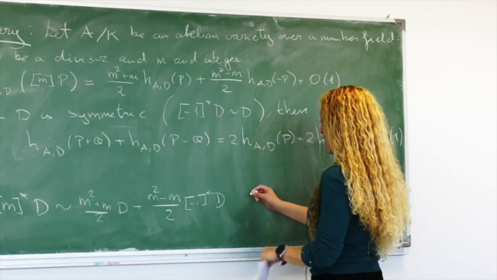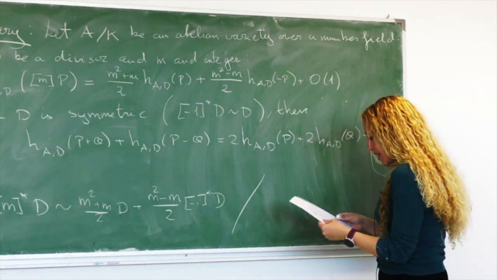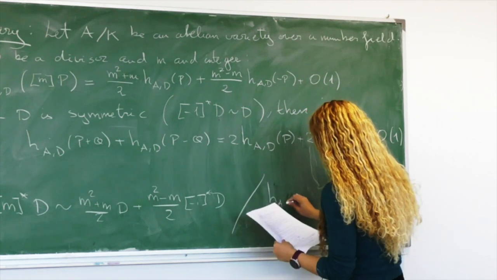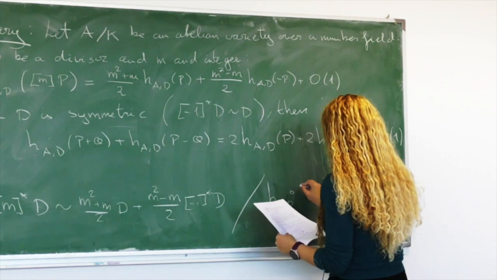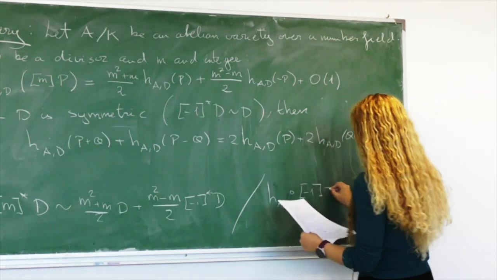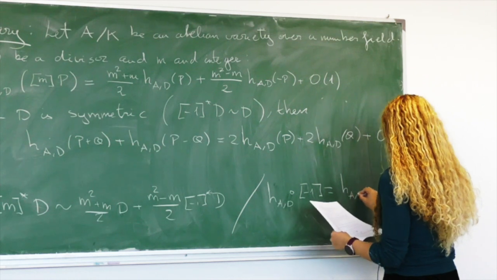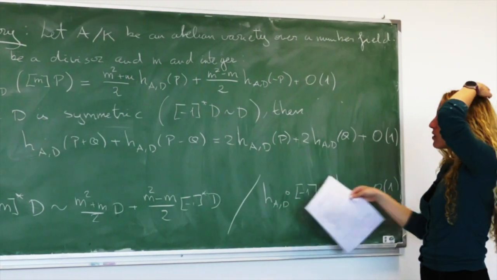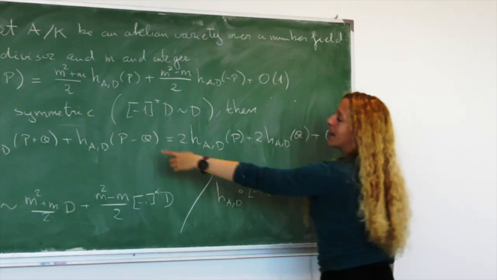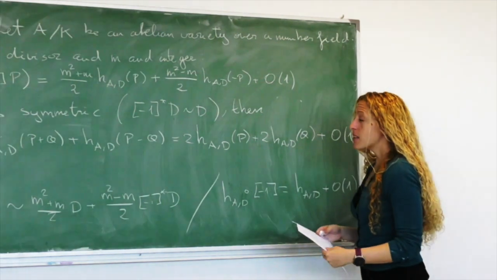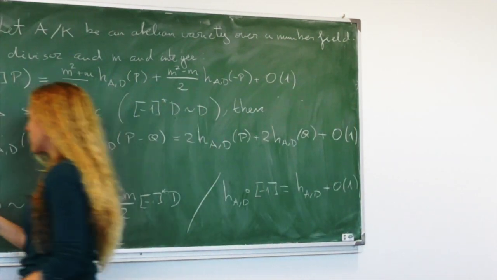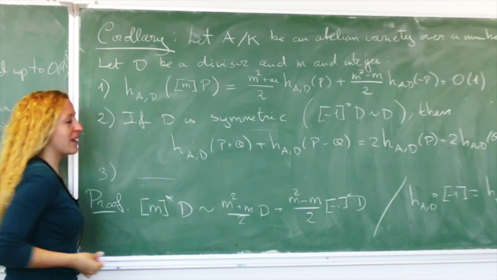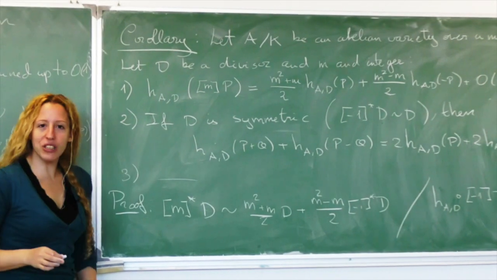So what is the idea of the proof here? The only thing you have to notice is that the composition of the height with multiplication by minus 1 is actually equal to the height plus a constant. So you use this plus the properties we saw before, and then you can deduce this. Now there is a third property, but this is the nice thing about having a blackboard. I'm not going to write it here, I'm going to reuse what I wrote here.